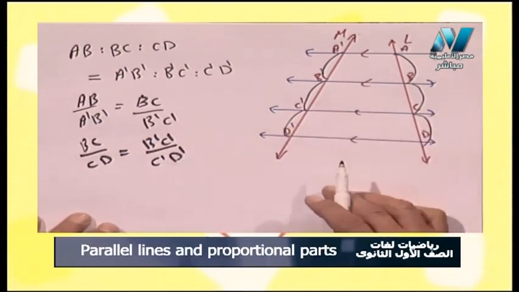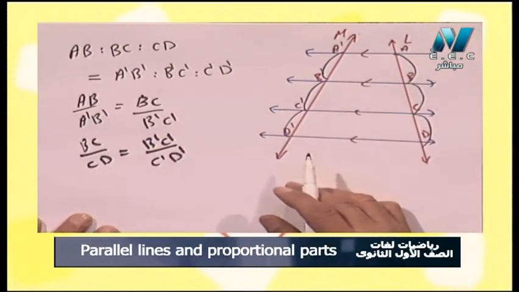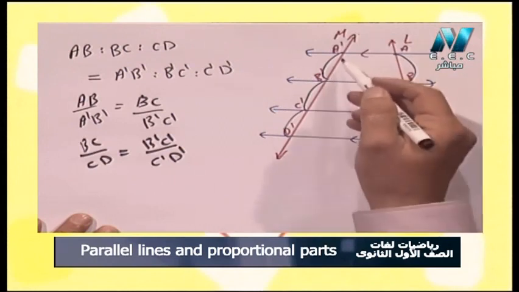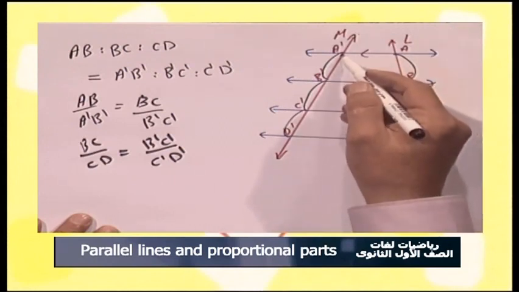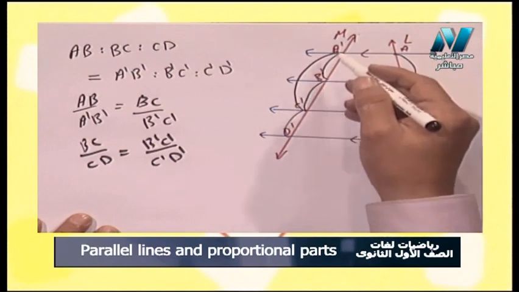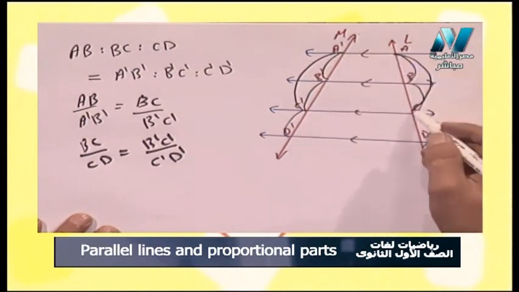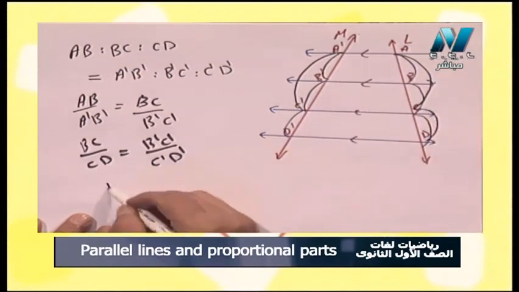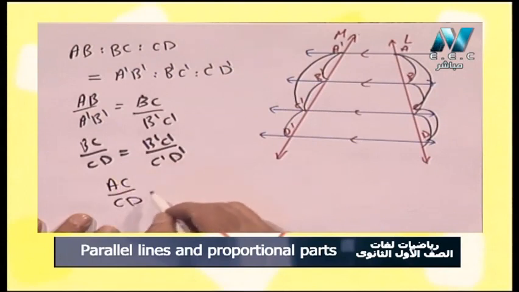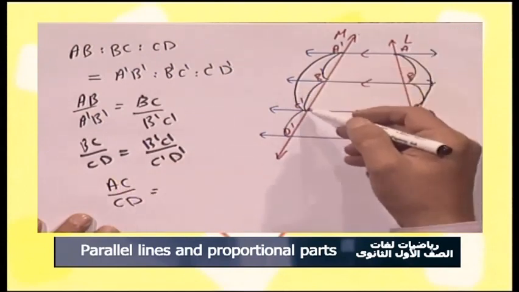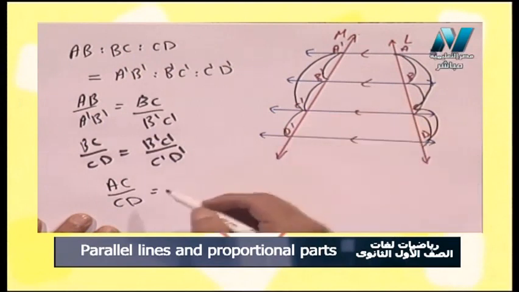We can play with it. And also we can, from the properties of the ratio, find the sum of the two ratios, like that. We can say AC over CD will be equal A dash C dash over C dash D dash.